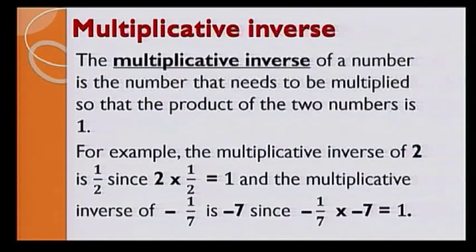Another example, the multiplicative inverse of minus 1 over 7 is minus 7, since minus 1 over 7 multiplied by minus 7 is equal to 1. So, to eliminate the coefficient of a variable, we use the multiplicative inverse.